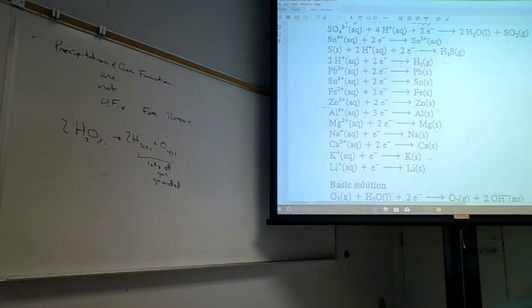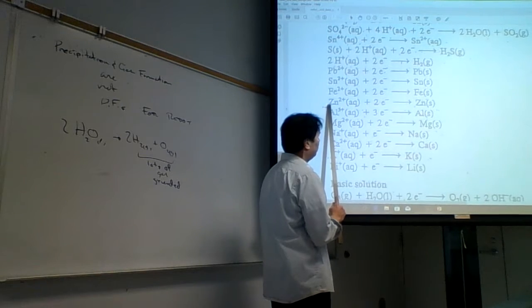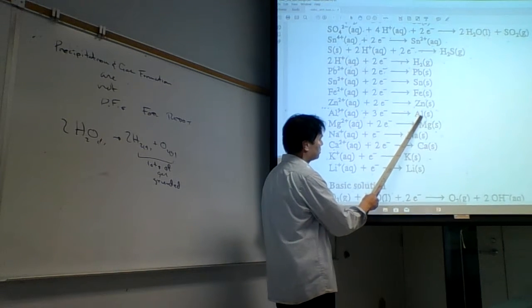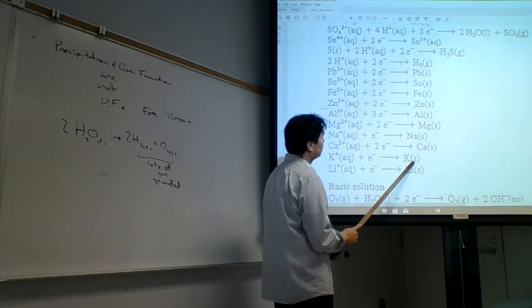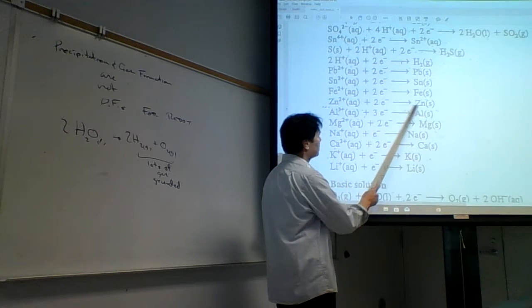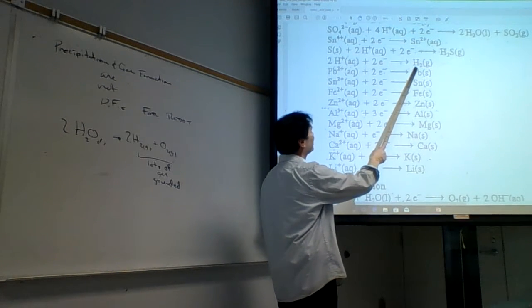So water's here. Water, being an oxidizer, can oxidize any reducer stronger than hydrogen. So it's all these. But can it oxidize zinc? Will water oxidize zinc? Iron? No. These ones will not be oxidized by water.